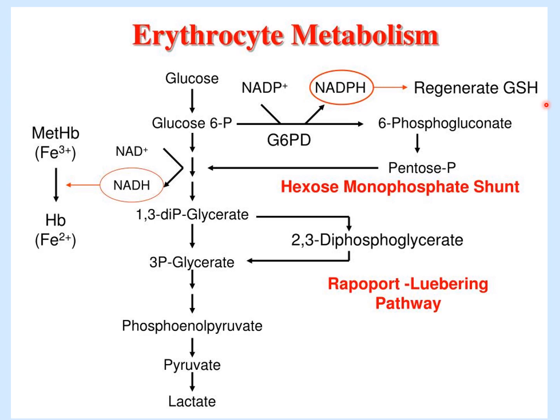Glutathione in reductive form is important for erythrocytes because glutathione is necessary to work in the antioxidant system. Normal concentration of glutathione is necessary for decreasing concentration of reactive oxygen species.